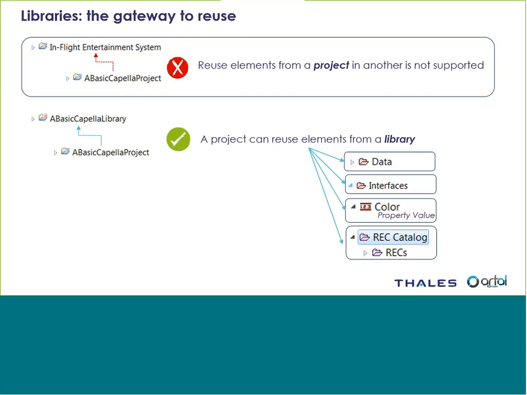So it's not exactly the same kind of dependencies for the elements in the libraries. But the thing to well understand is that you have to reuse elements through rec. For example, you cannot have a breakdown of functions in your library and directly allocate this function in a project where you have your component breakdown and want to do the allocation. If you want to do this, then you have to go through the rec-rpl mechanism.